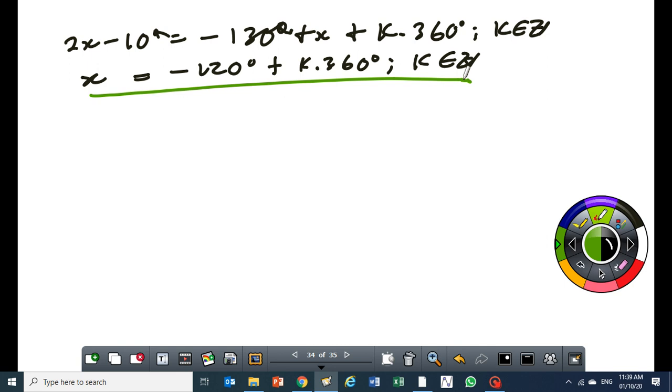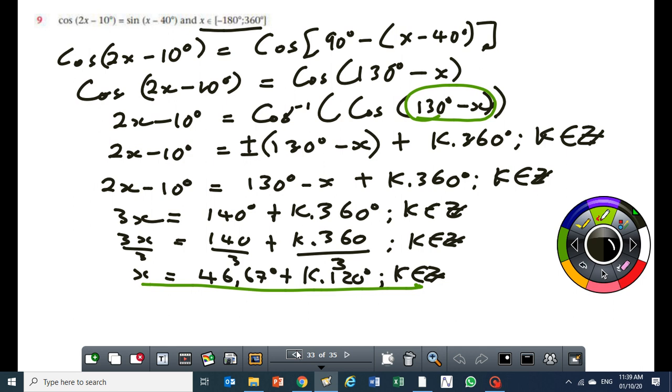The objective is to get the exact values of x. If you take the minus 10, this is minus 30. Minus 30 plus 10 gives you minus 120. Yeah, it's minus 130. Because here, if I take the negative, the 130 minus x is inside brackets.